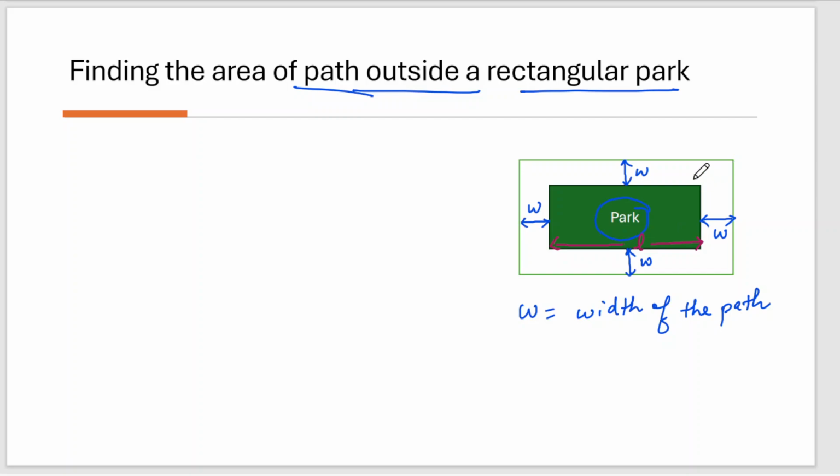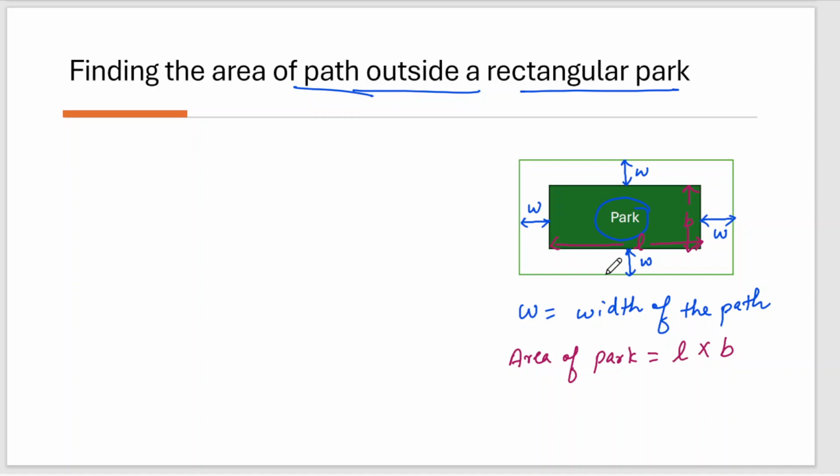L. And what is the breadth of the park? B. Now can you calculate the area of the path, and first the area of the park? Area of park equals length into breadth. So now we have calculated the area of the park.